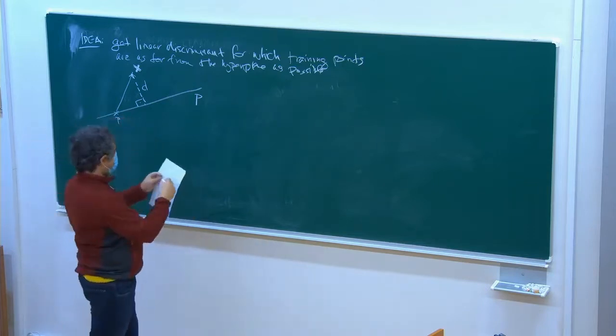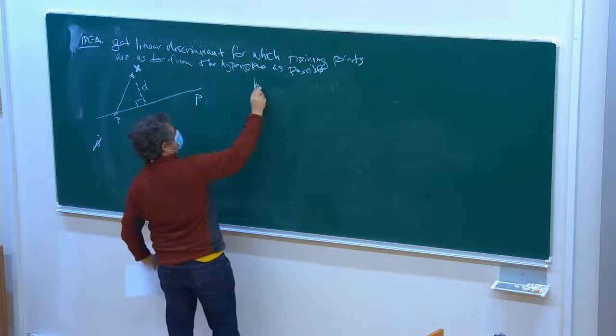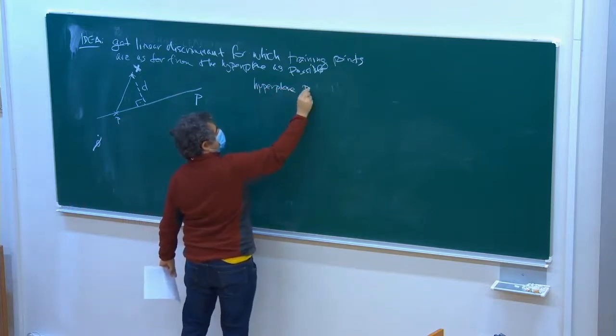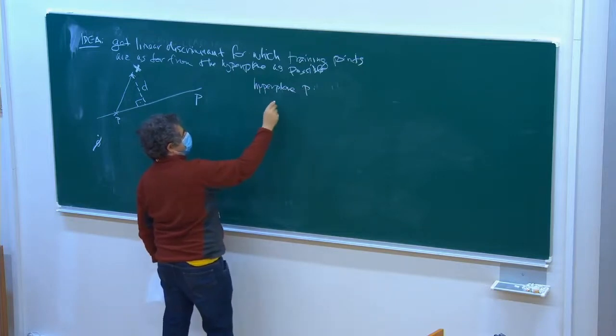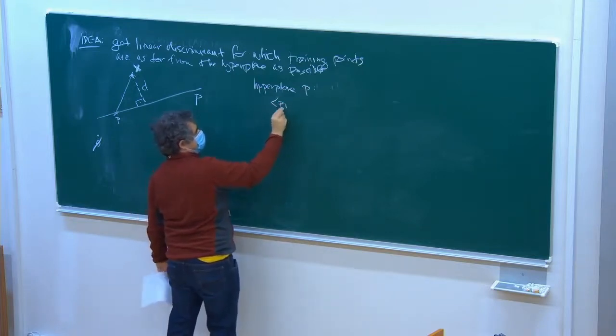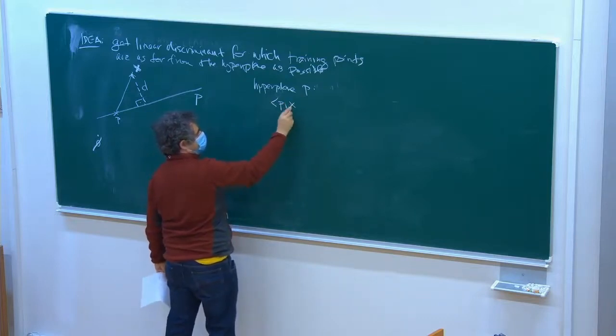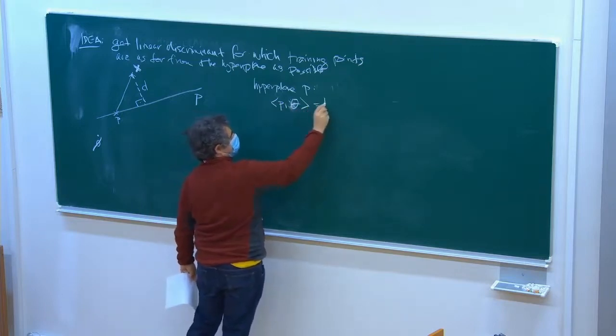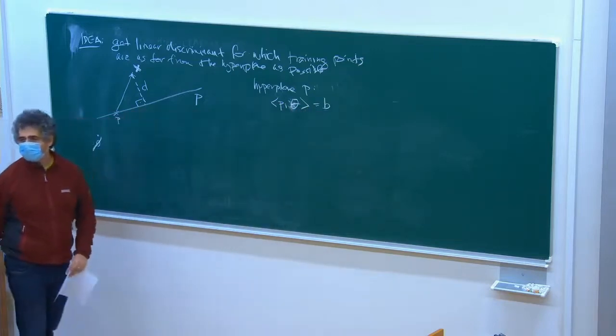So basically, hyperplane B is defined as the set of points p that satisfy theta dot p equals b.